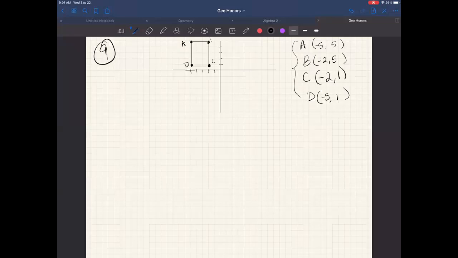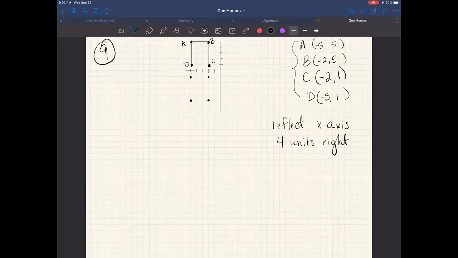Rectangle ABCD is reflected over the x-axis. So I'm going to already start drawing in my points, right? 1, 2, 3, 4. And then translated 4 units to the right. So reflect over the x-axis, then 4 units right.